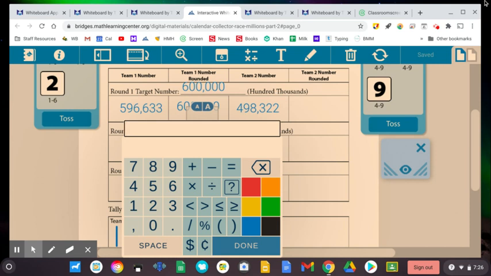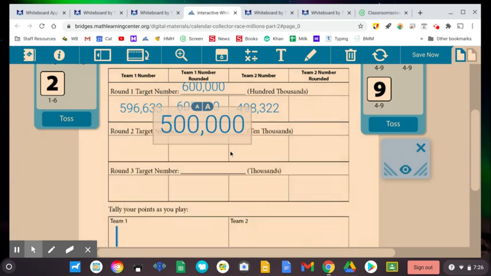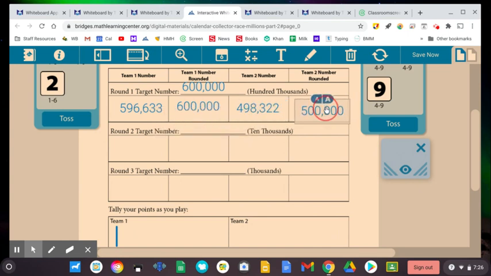I hope you understand that it rounds to 500,000. But it didn't round to our target number. Sorry, Team 2, you don't get to have a tally.